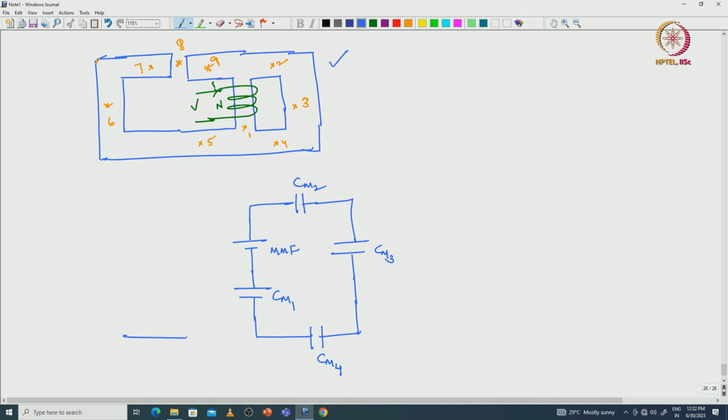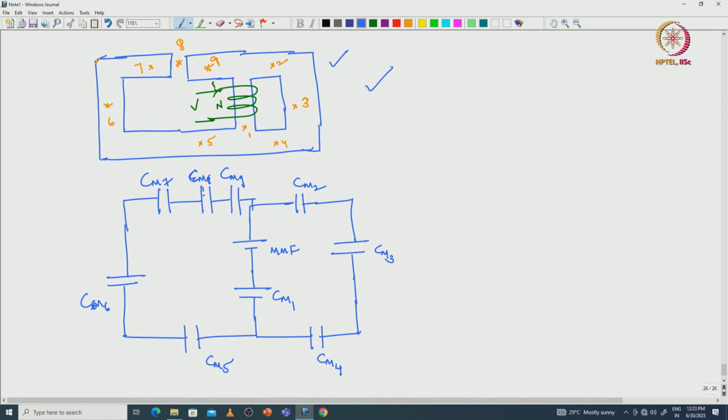On this side we have the capacitance with respect to region 5, region 6, and then 7, 8 and 9. So, for a given circuit, how to draw the equivalent circuit is nothing but this solution.